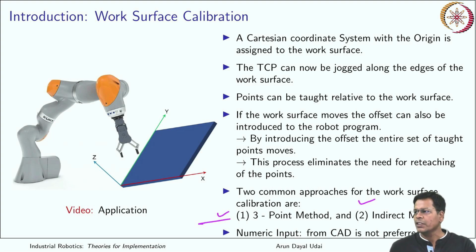Other methods could be just like our tool calibration we did. You can get this information from the CAD if it is there. Okay, so yes, if you have a CAD which tells this distance, this position vector and the orientation vector of this frame with respect to the robot base, you can quickly do, and you don't need any sort of calibration. But it is not very much advisable to do this because it is a good distance.